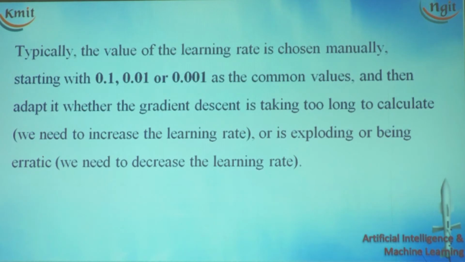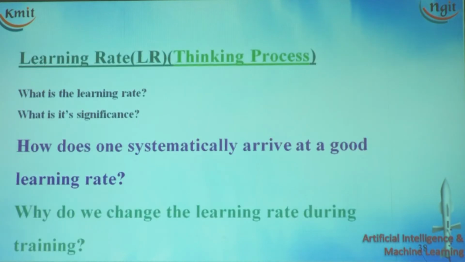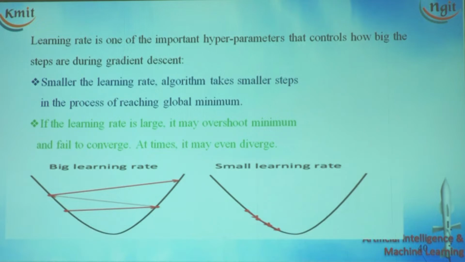Now see here. Big learning rate, if you take the big learning rate, see this. This is the lowest cost, right? If you take the big learning rate, we started here and our learning rate is high, so the next updated value of beta 1 is giving here, giving this error.